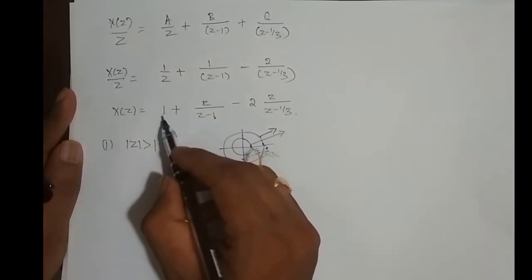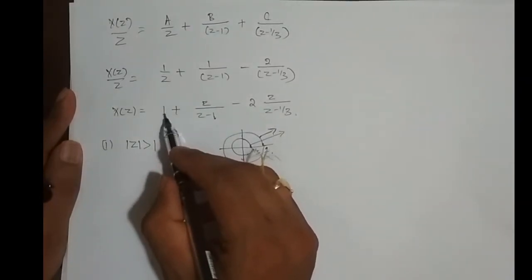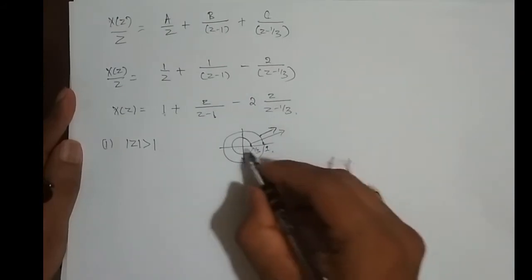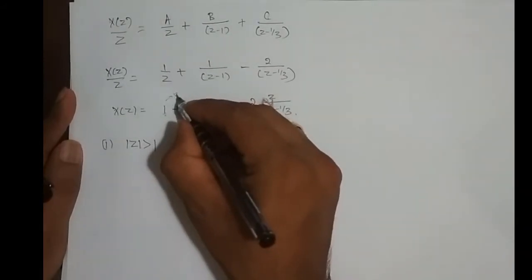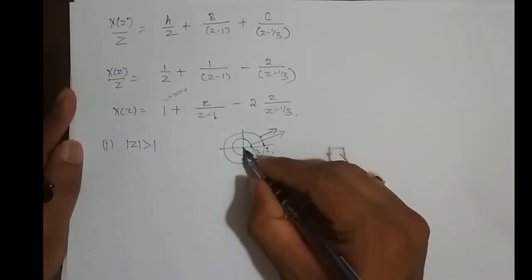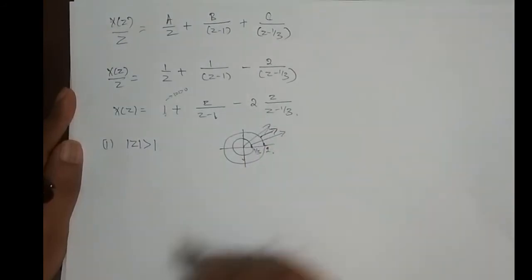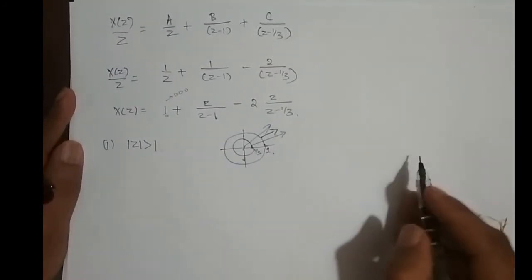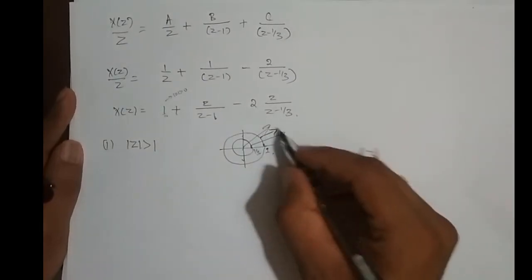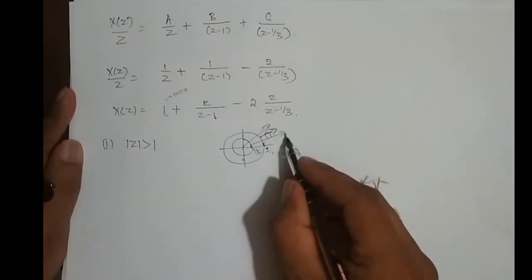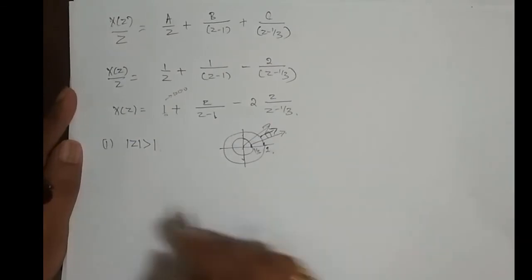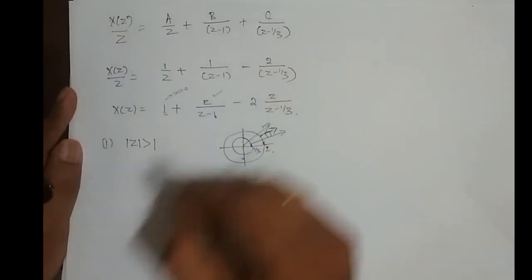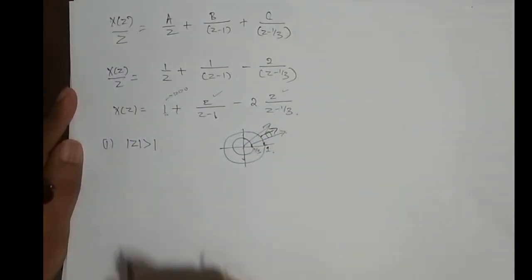Anyhow, since this is a finite length sequence, its ROC is magnitude of z greater than 0. This will have the ROC by default because it's a finite length sequence. In order for all the 3 ROCs to intersect, it should be outside the outermost circle, right? Therefore this should be a right sided sequence, and this also should be a right sided sequence.